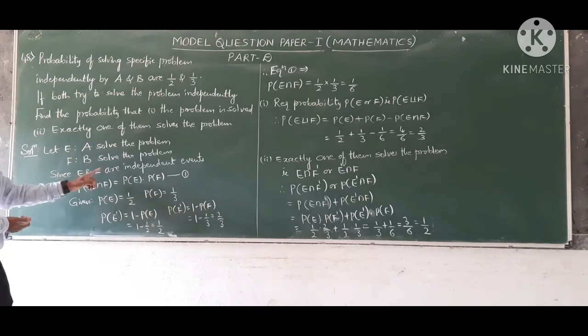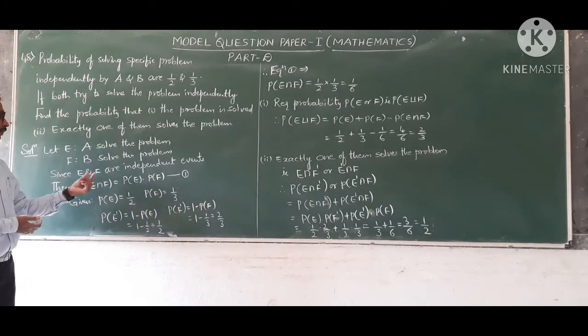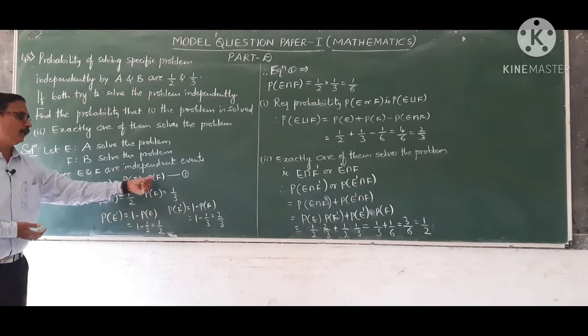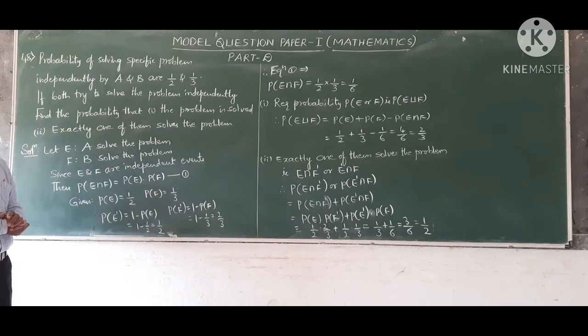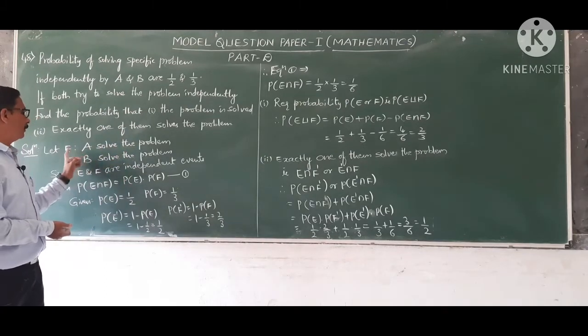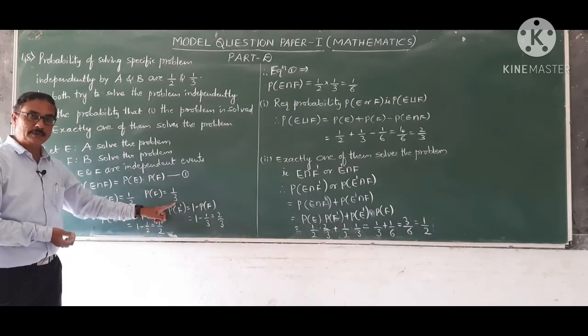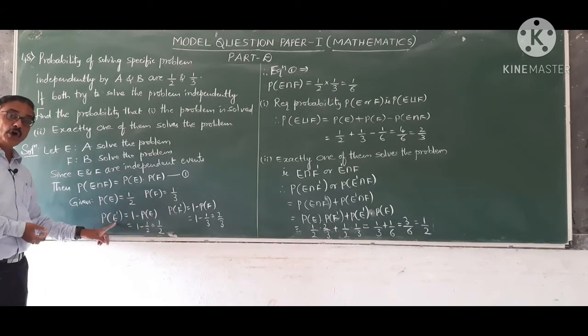Now since E and F are independent events, by the definition of independent events, P of E intersection F is equal to P of E into P of F. You know the definition of independent events. Given, A solves the problem denoted by E, probability of E is 1 by 2, probability of F is 1 by 3. What about probability of not E?